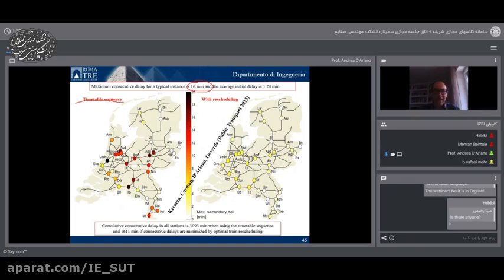When you don't perform any reordering action, then there is a very big spread of delay. One delay causes a domino effect in the whole network. When you use an intelligent way of rescheduling, as we will see, you still have a spread of delay, but the delay is much smaller, in the order of a few minutes. So here you see in one single slide the importance of rescheduling.